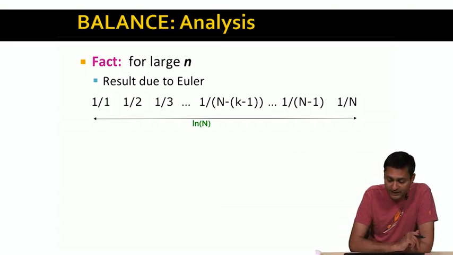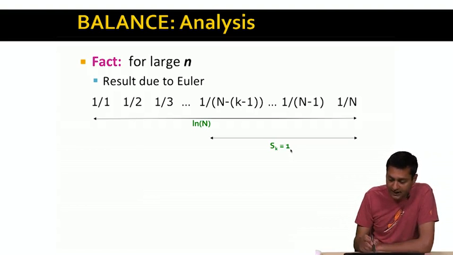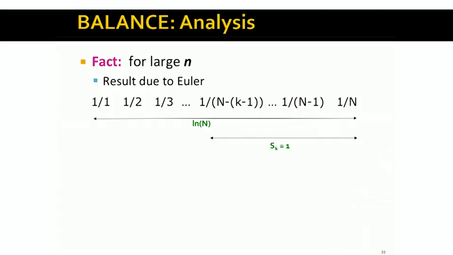Now, what we've said is that we want to find the smallest k such that the sum of the last k terms of the series is equal to 1. If the sum of the last k terms of the series is 1, then the sum of the first n minus k terms of the series must be equal to ln n minus 1, since the sum of the whole series is equal to ln n.